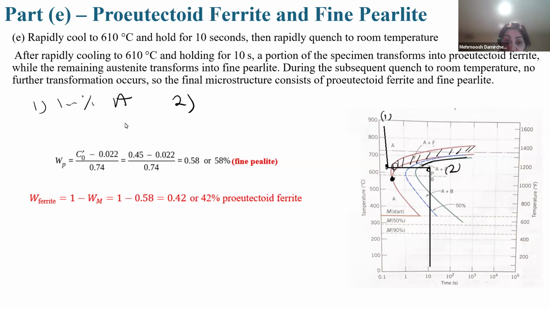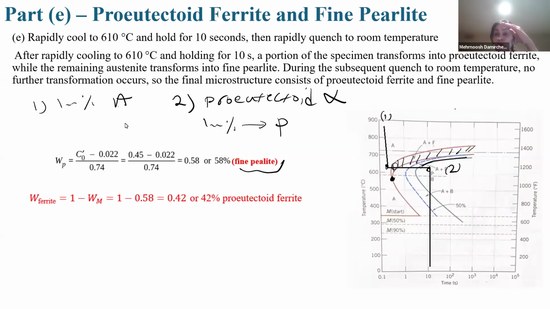At 2, we have proeutectoid alpha or ferrite, and 100% of austenite converts to perlite. But which perlite? Definitely fine perlite, because it's so close to this dash line. What is this dash line? Border between perlite and bainite.